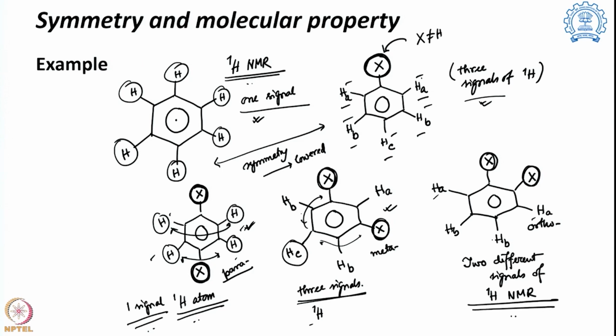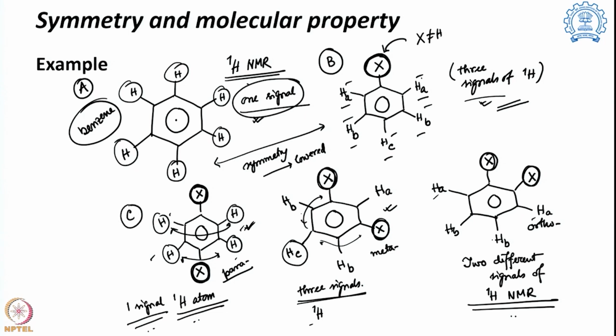So, you can see that starting from benzene in the beginning, which is very symmetric, I have only one signal. This is case A. In case B, we monosubstituted the benzene, and over there we introduce a bit of asymmetry. The symmetry is going down, and it is well signaled by these 3 different peaks in proton NMR. Then case C, where we have a bisubstituted one, where the para substituted is quite symmetric, and that is why we get only one proton signal.